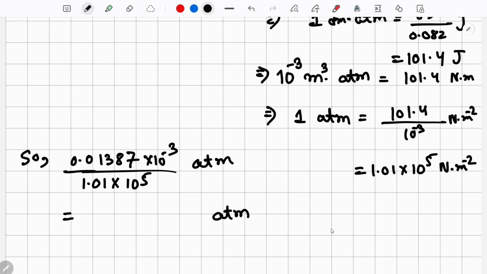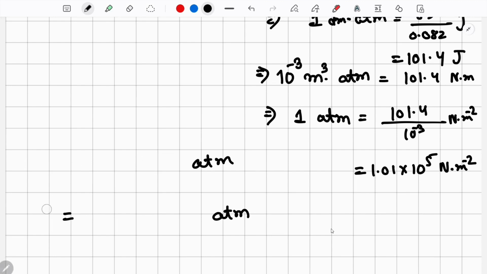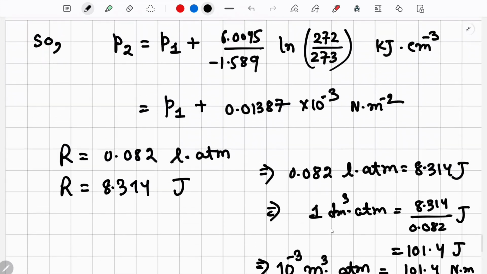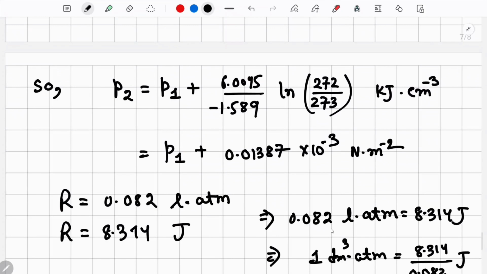Anything is wrong. This part is correct, this value is matching, my calculation is also correct, but this part is also correct. Please wait a minute.